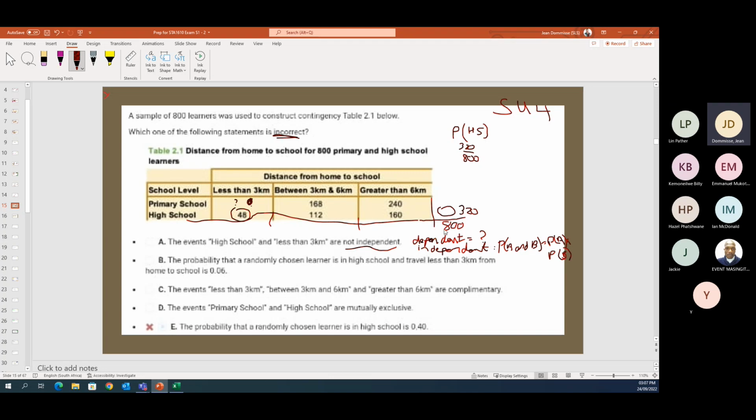320 divided by 800, and we will need to multiply that answer by the probability of less than 3 kilometers.